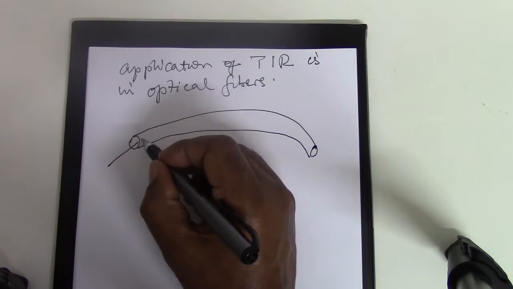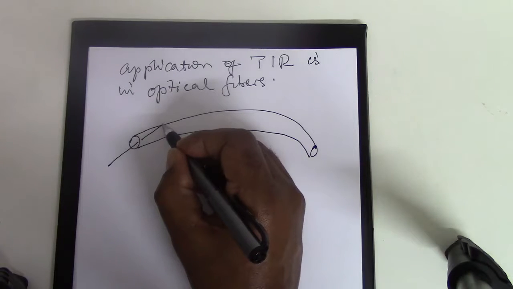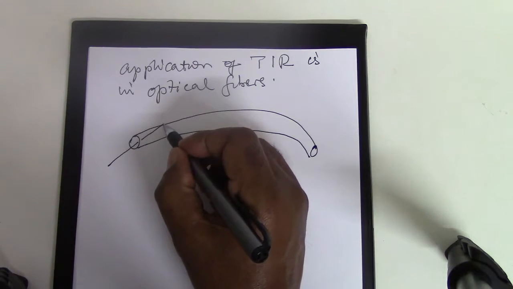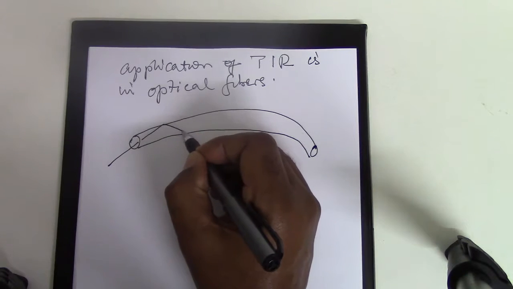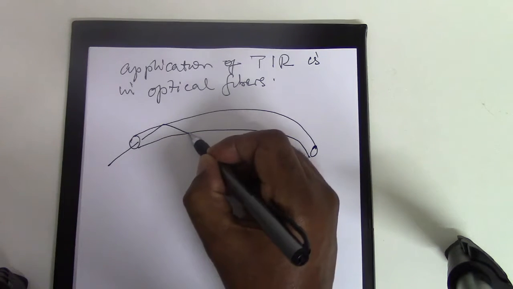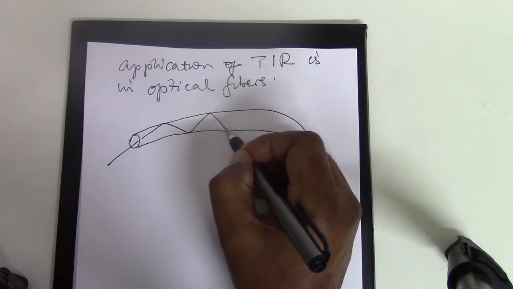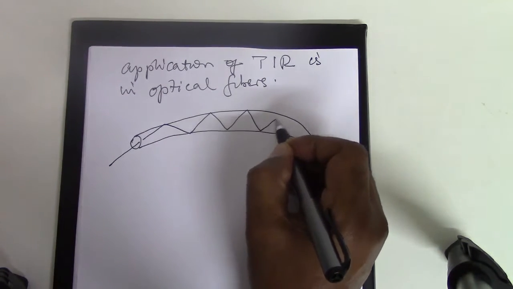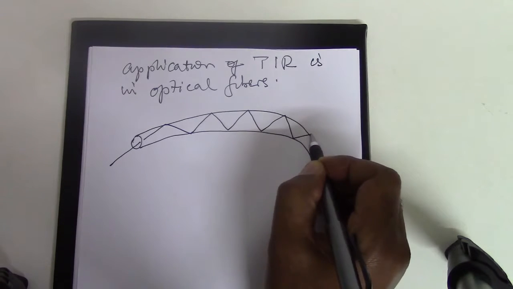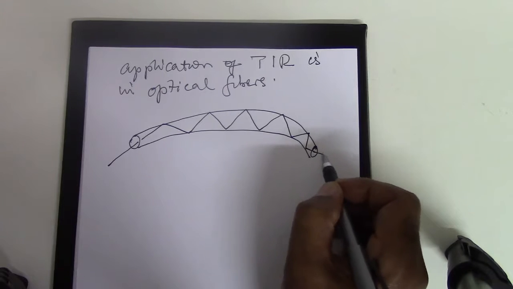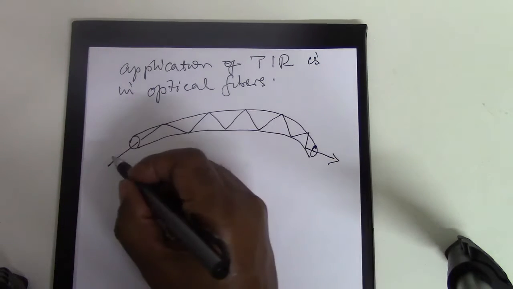When it enters, the light hits the interface. It's reflected, totally reflected. Hits another interface. It's totally reflected, and it goes on like that within the tube until it comes out the other end of the tube.